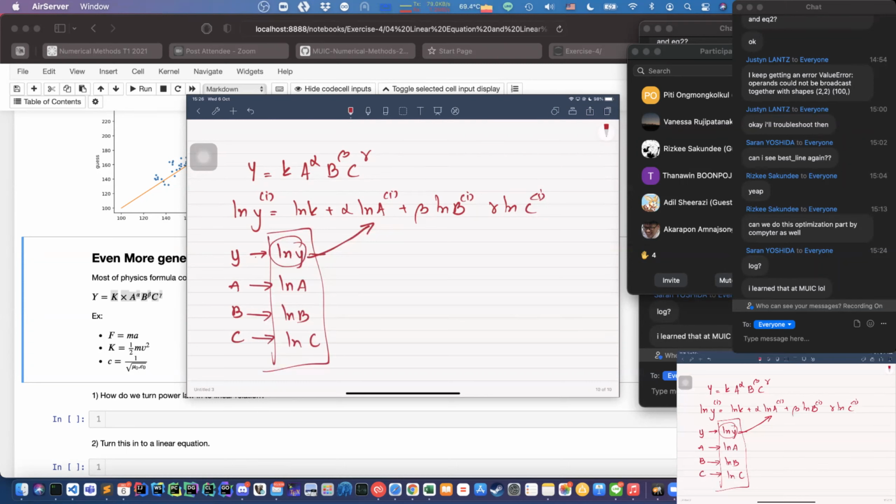And power law is like 90% of the physics. If you learn it with physics data, this is the first thing you should try: take the log, and you will be really close to the data. In machine learning, if it doesn't work, the first trick you should try is to take the log of the data and put it in as new data.